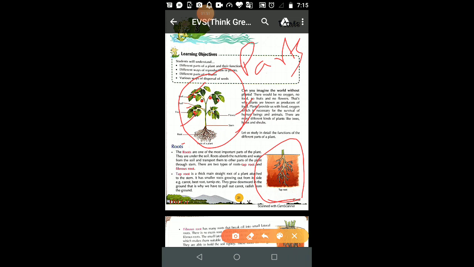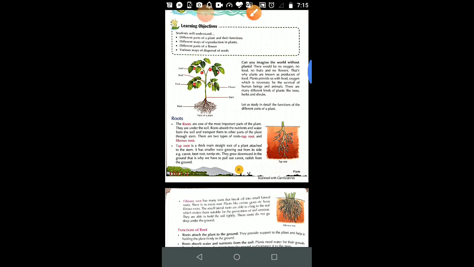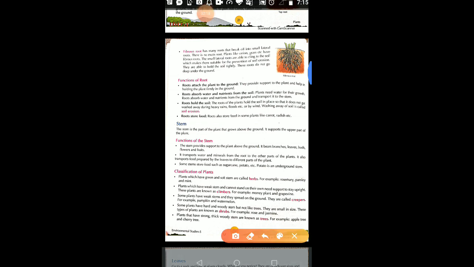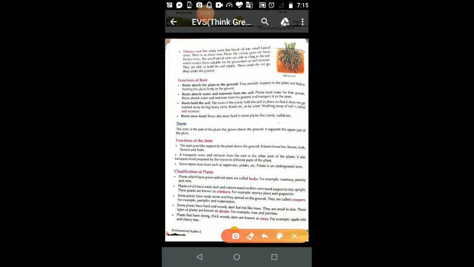A tap root has a main root, and from this main root many other roots come out. And after that I discussed the fibrous root. This is the picture of a fibrous root.